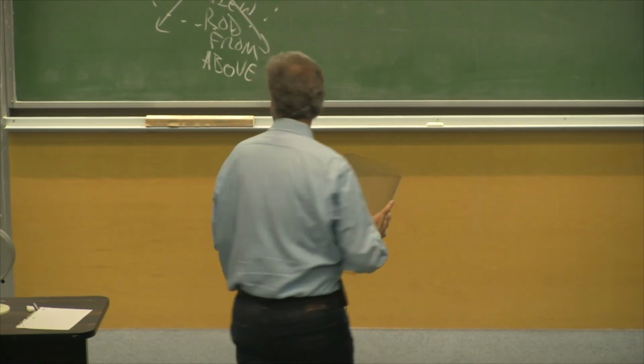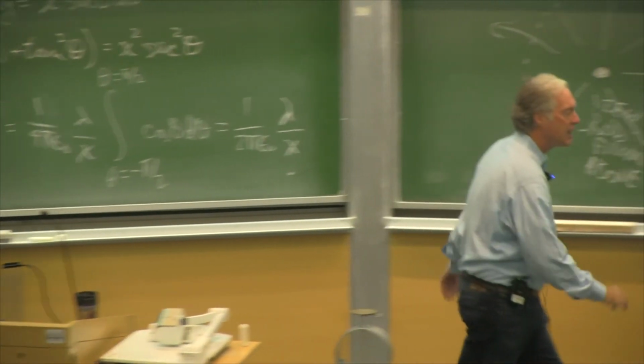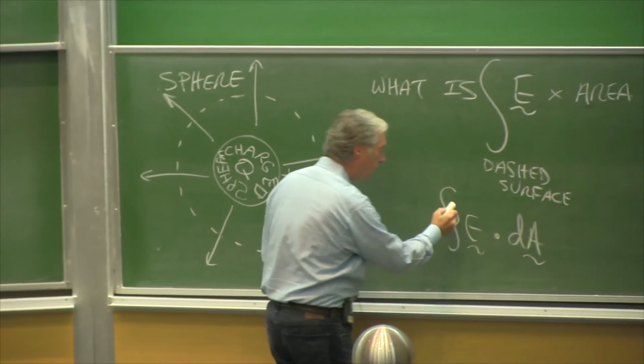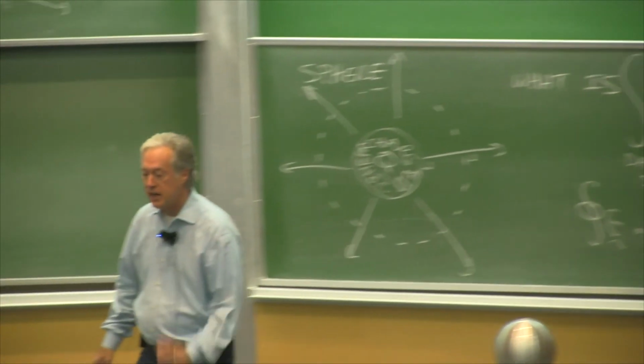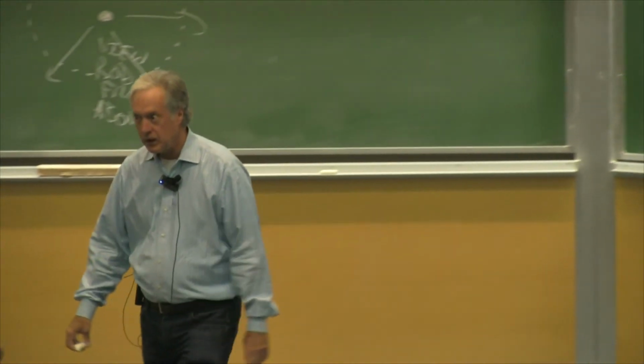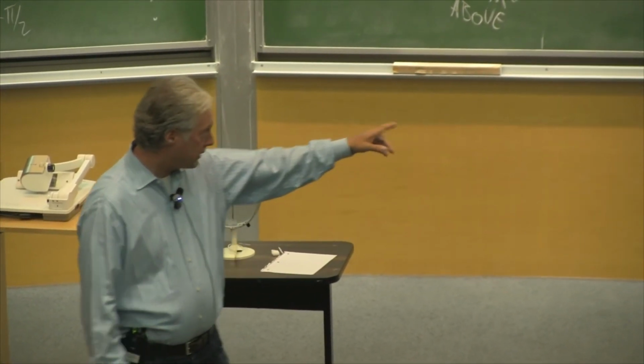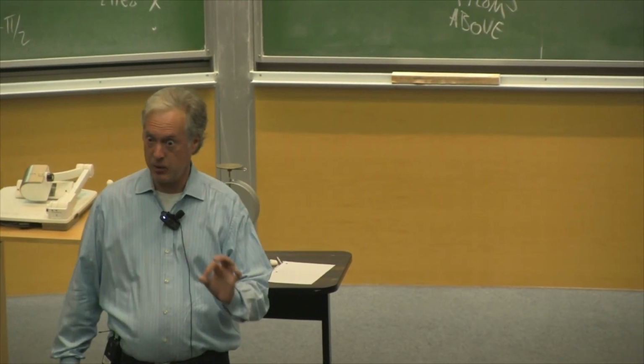So I want to require that this surface be closed, no holes in it. And I'm going to put a symbol there to indicate closed. We know it's a closed surface because the differential element there is an area.